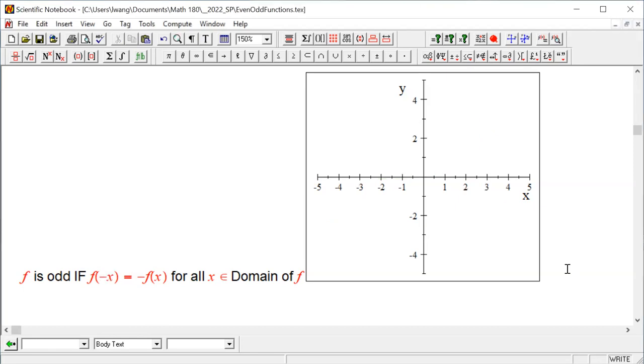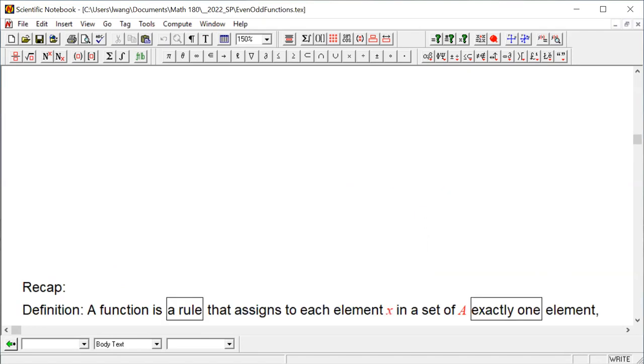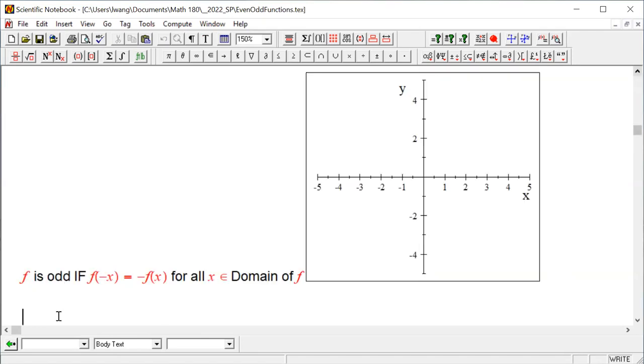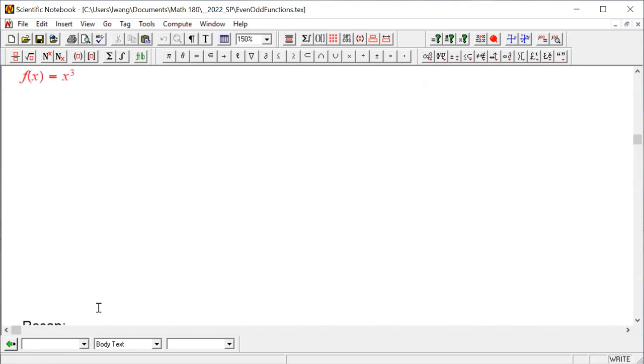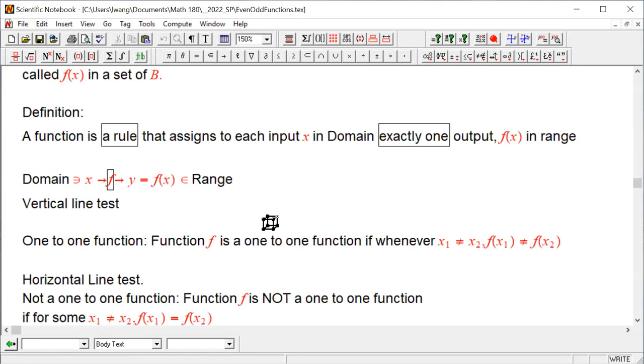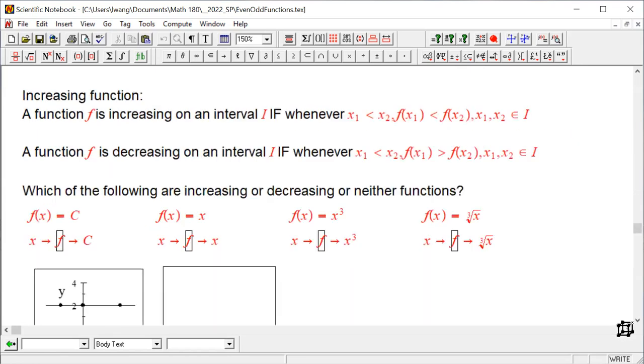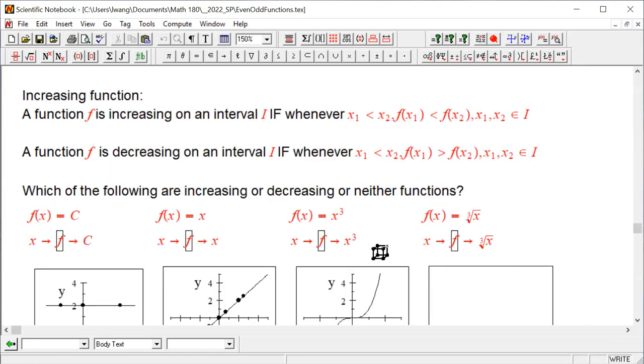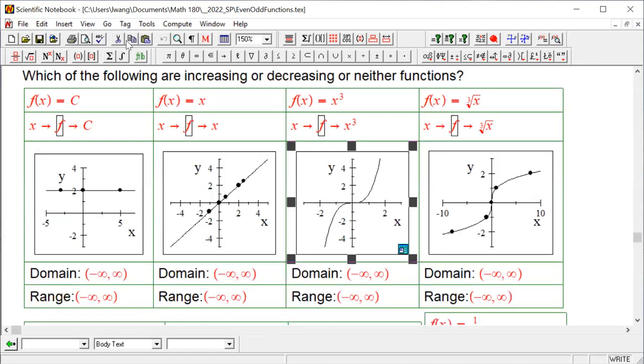This example I'm going to choose is one that's surely used in calculus class: x raised to the power 3. We know this curve, don't we? If we don't remember, I can just draw it on the spot.